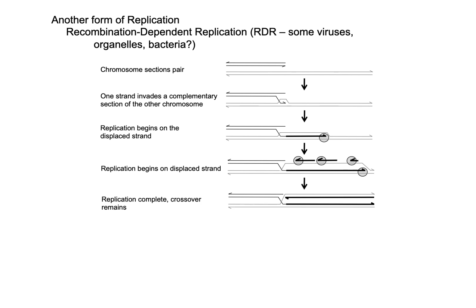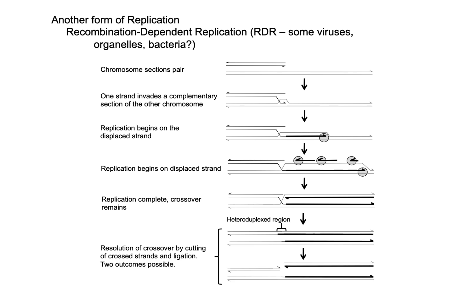Eventually, after everything is copied, you still have a crossover in the middle, which was initiated by this strand invasion up on the top here. The crossover can be resolved in two different ways. One is that the crossover there can be clipped. DNA ligase can then join those nicks together into two long chromosome pieces.